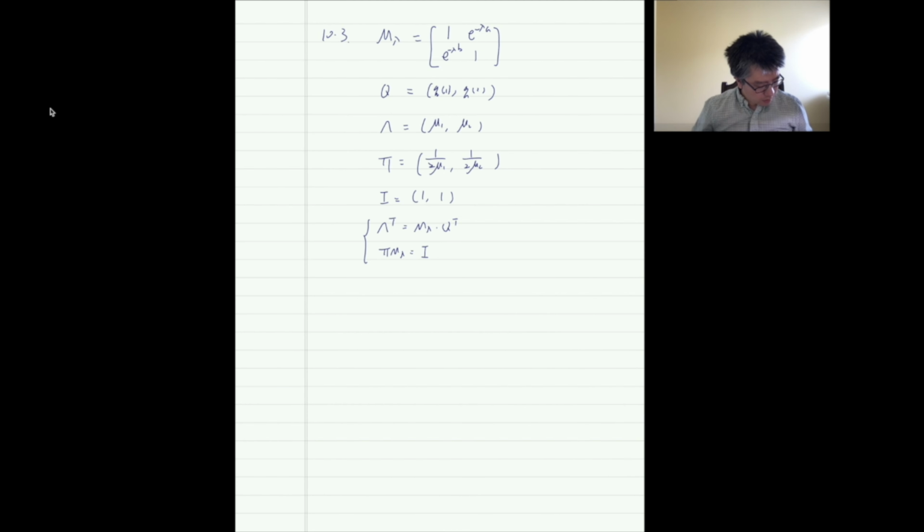Very good. From here, the first equation is mu1, mu2 equals this multiplied by q transpose, and then the second one is this.